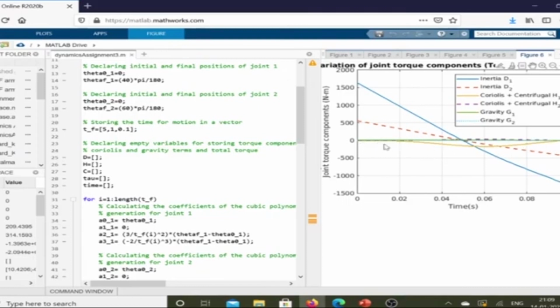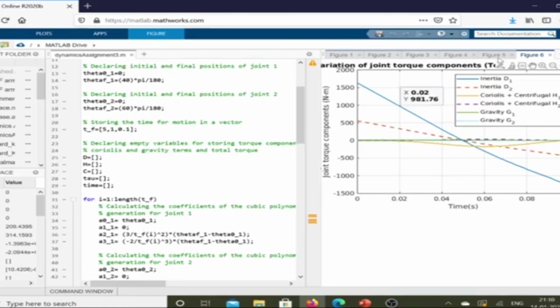Now this is not 0, but because of the scale of 2000 on the y-axis, whatever the gravity torque is, it is almost becoming like 0. It is not 0, so there is some gravity torque, but it is negligible in comparison to the inertia torque. Coriolis and centrifugal terms are also there, but they are also much less than the inertia forces.